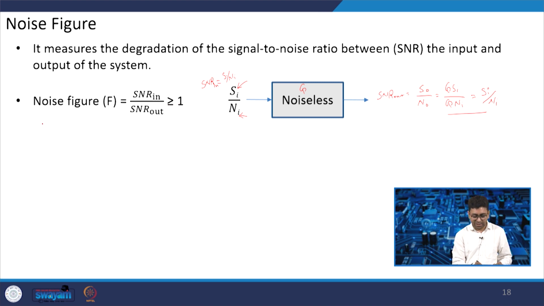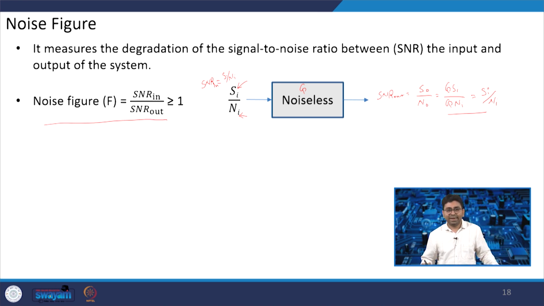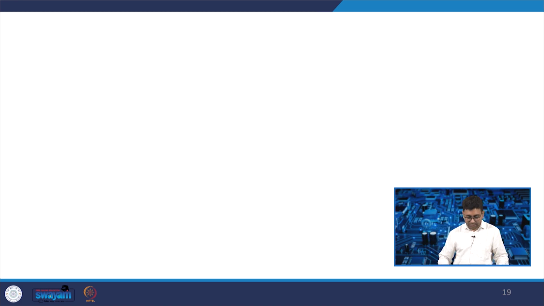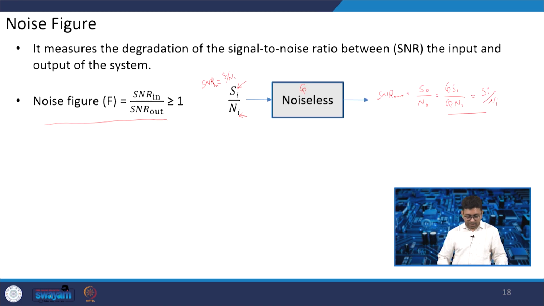So, what is the equation of noise figure? That is SNR in by SNR out.